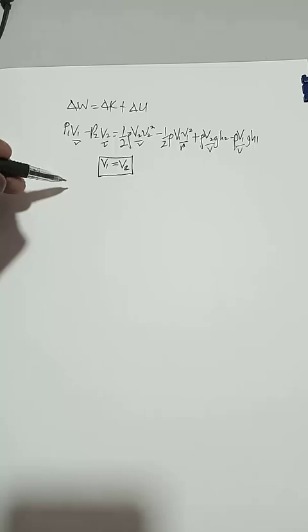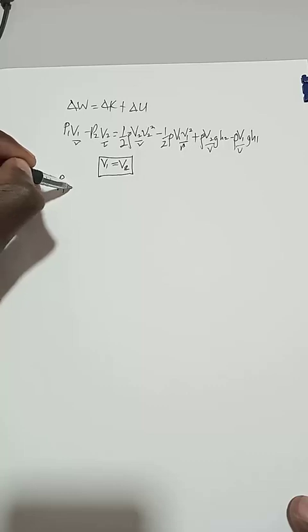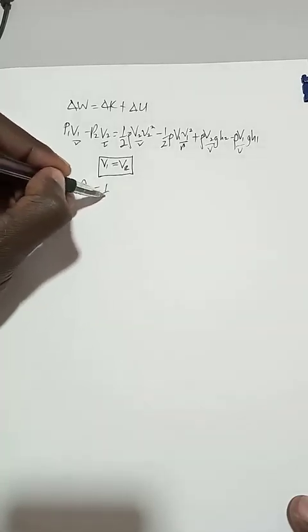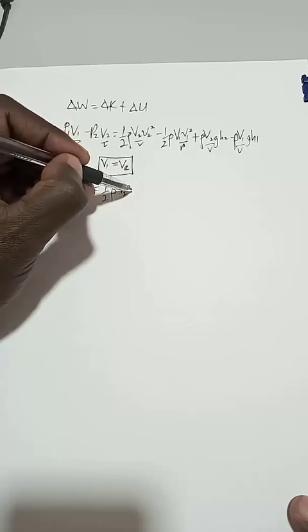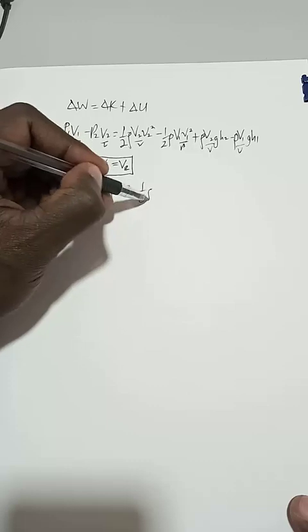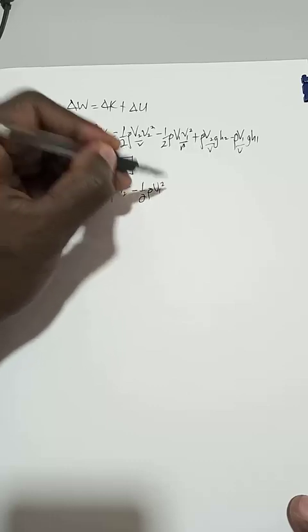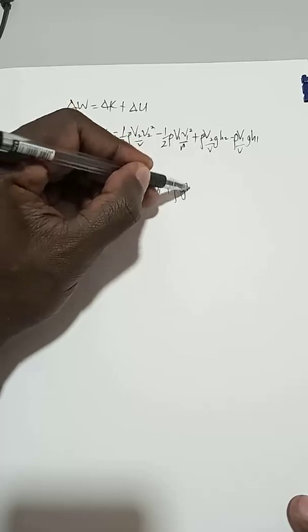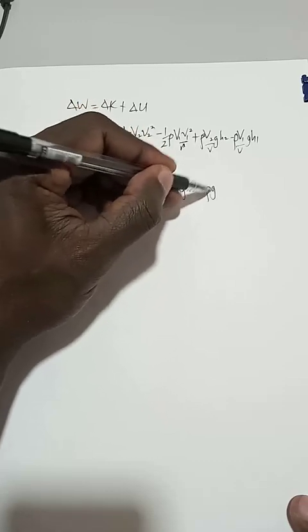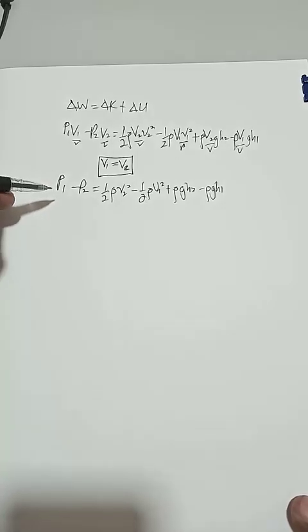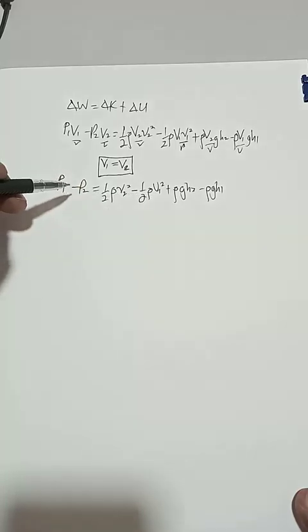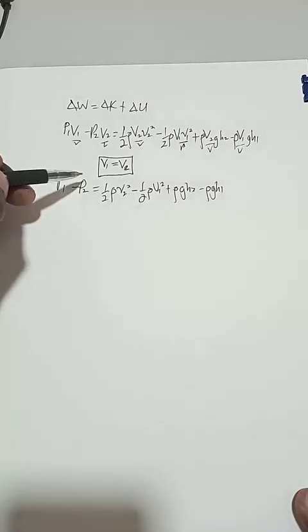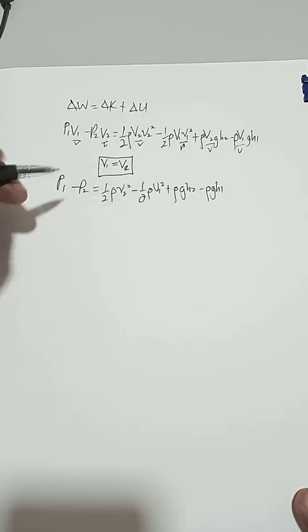When we remove all the volume terms, since it is constant, we get P1 minus P2 equals half rho velocity 2 squared minus half rho velocity 1 squared plus rho g h2 minus rho g h1. Now let me rearrange it. The minus P2 goes to the other side as plus.